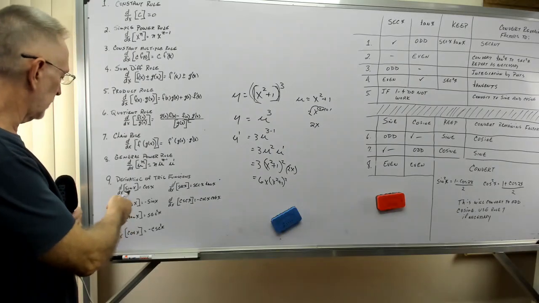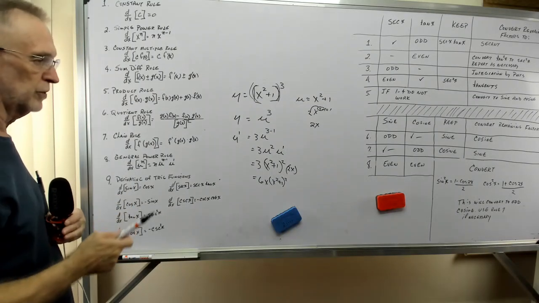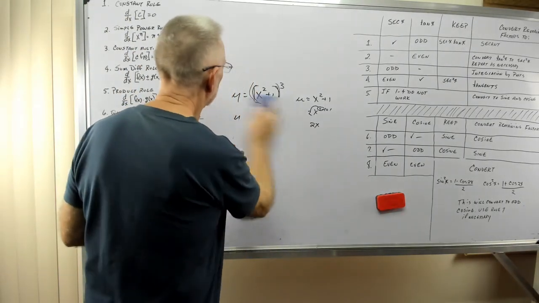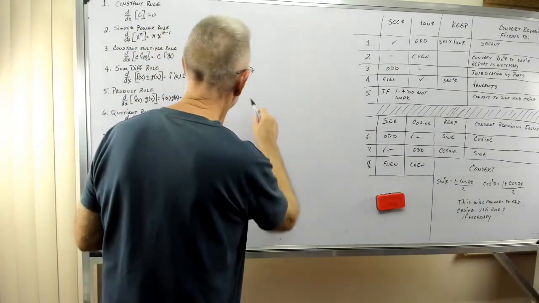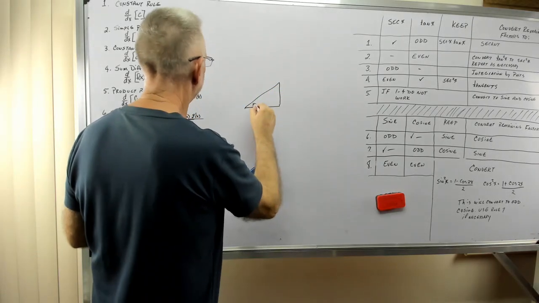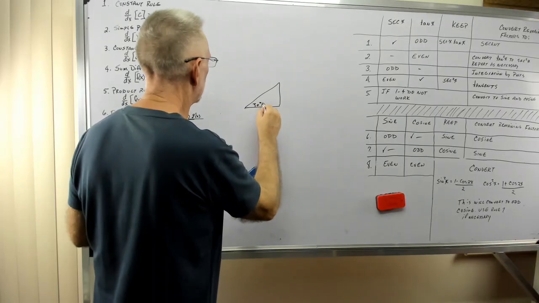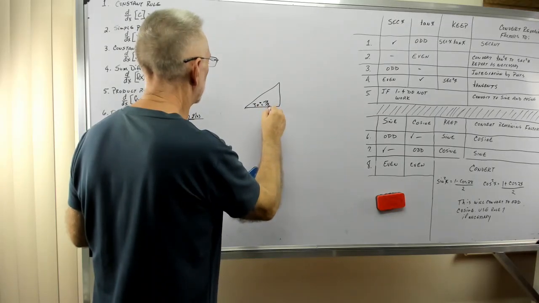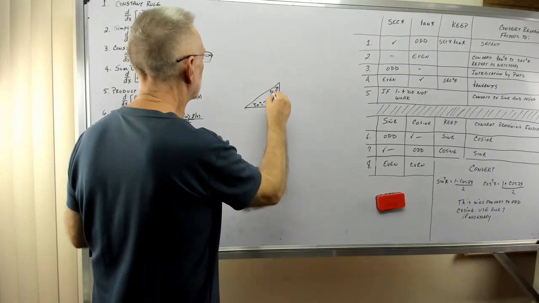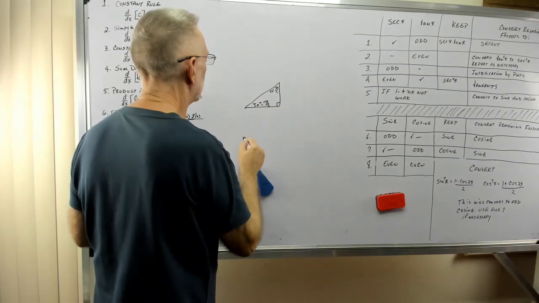The derivative, for example, of sine x is cosine x. Now you all have had trig by this point in time. Let's say I have 30 degrees, so that's pi over 6. This is pi over 2, it's just 60 degrees, and that's a 90 degree angle.